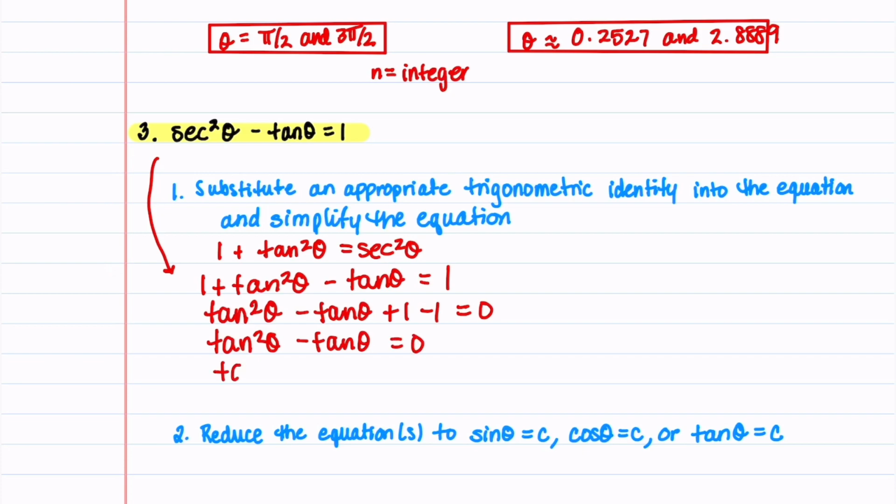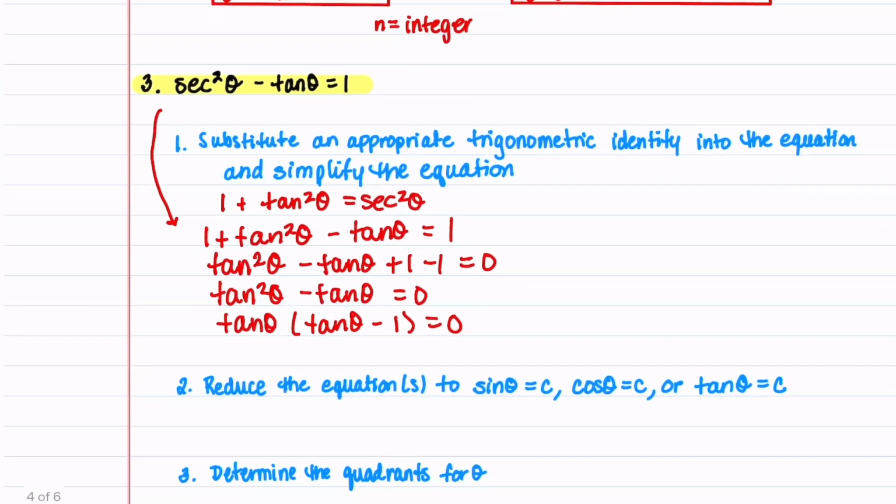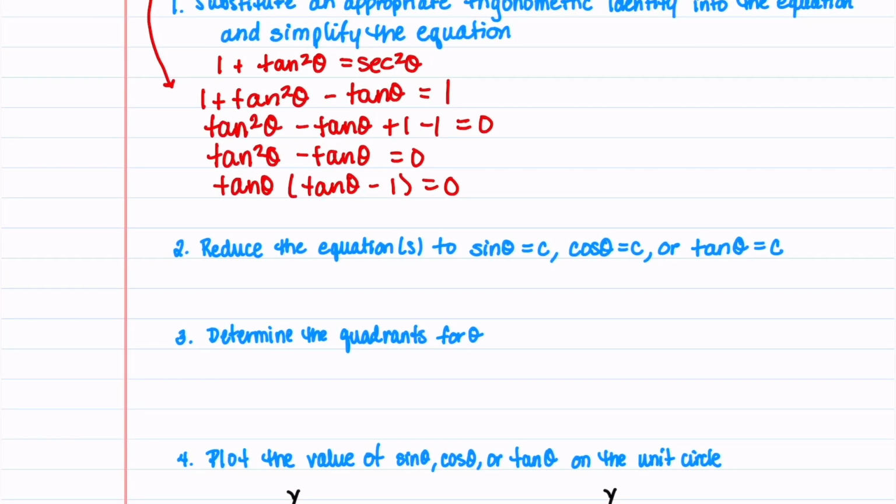We can now factor out a tangent theta, and we're left with tangent theta minus 1 is equal to 0. This is going to give us two equations that are going to reduce to tangent theta is equal to a constant. Our first equation is going to be tangent theta is equal to 0, and then our second equation is tangent theta minus 1 is 0, which gives us tangent theta is equal to 1.